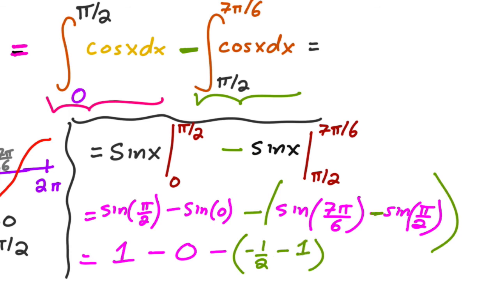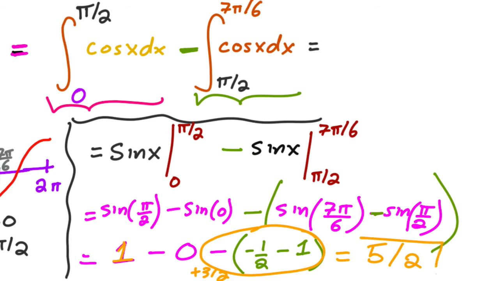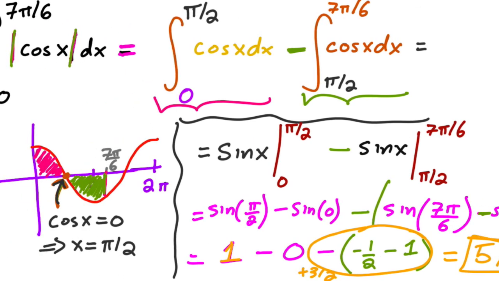And so when I put these two together, this is equal to negative 3/2 inside, and then times that negative, that's going to be plus 3/2. And so when I add that to 1, then I have a total of 5/2 as the area underneath the curve, if you're counting everything as positive. And that's it.